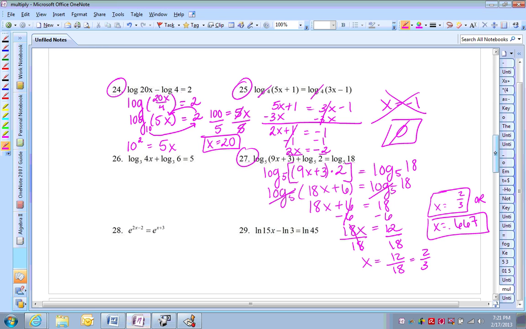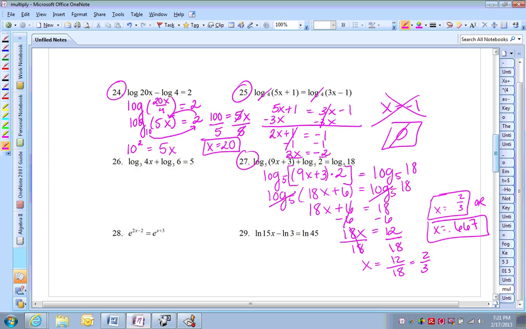Alright, let's move on to the word problems. Or actually, I'm going to give y'all a couple seconds to write this down, anything that you need to, and discuss in your groups.